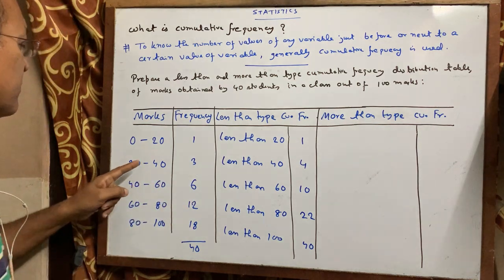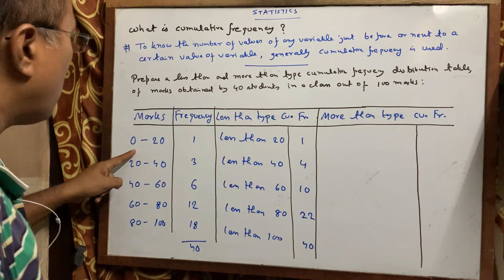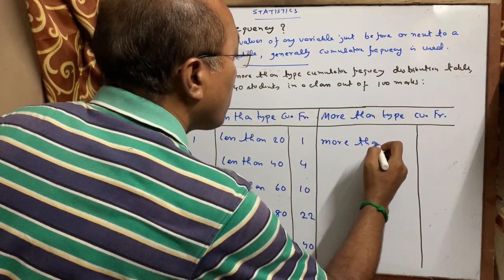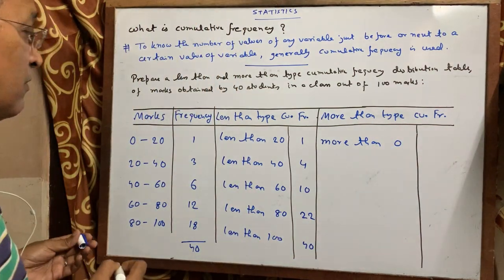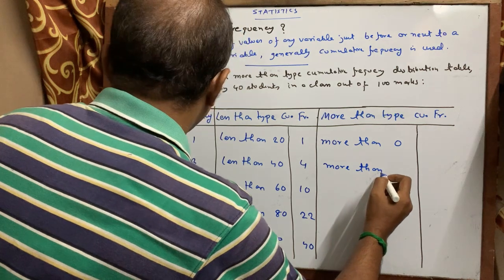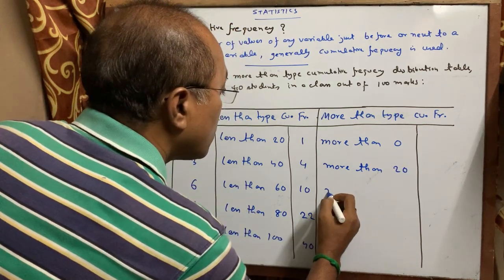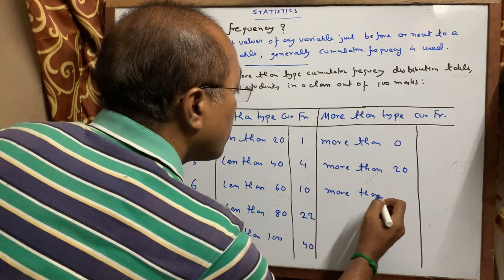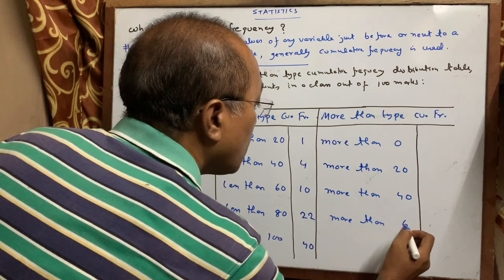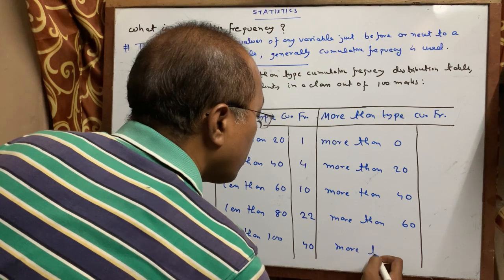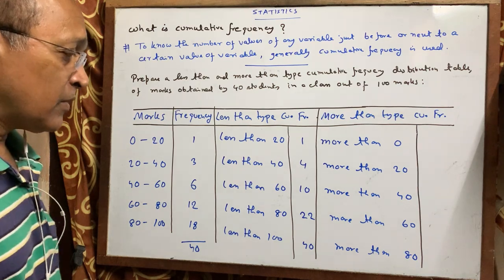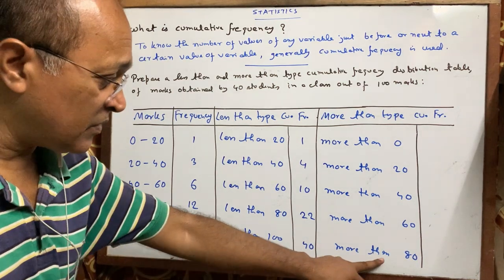So here it is, just see, more than 0, then it would be more than 20, then more than 40, more than 60, and then more than 80. Okay, first we are going through here.